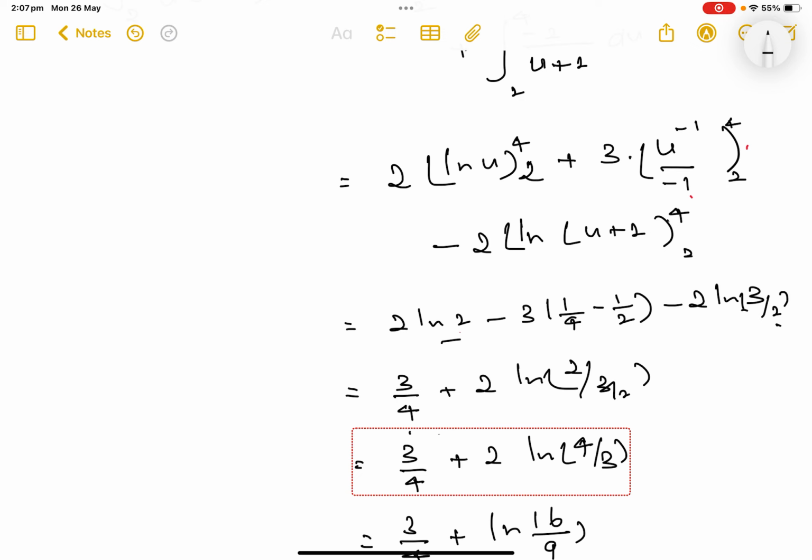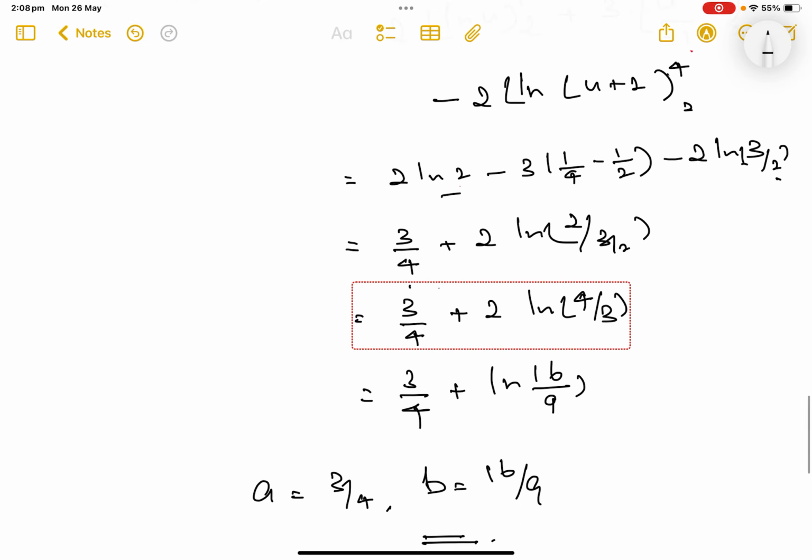So take the 2 out. What we have: ln 2 minus ln (3 over 2). By the logarithmic identity, minus means divide. So ln of 2 over 3 over 2. When you do that, the 2 goes to the top, so 2 times 2 over 3, that is 4 over 3.